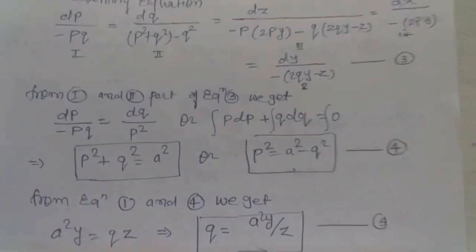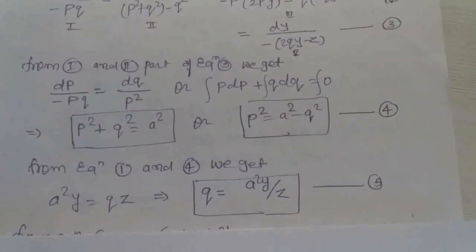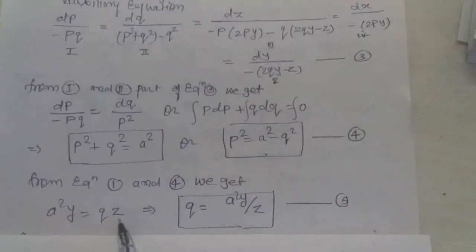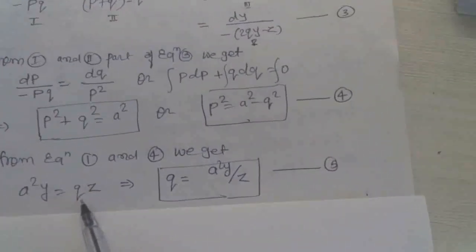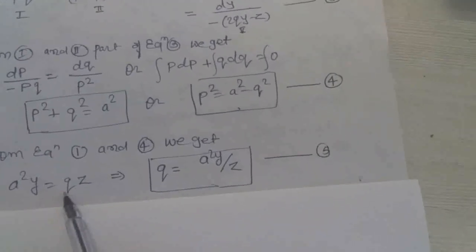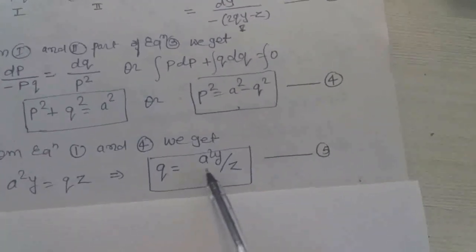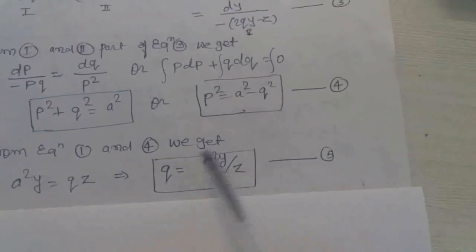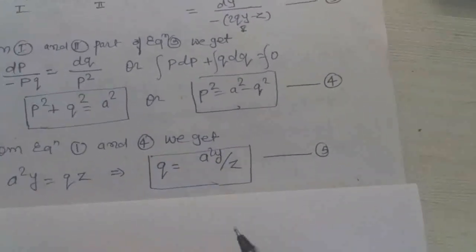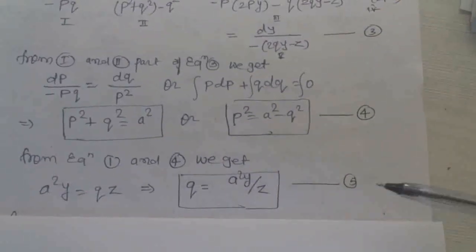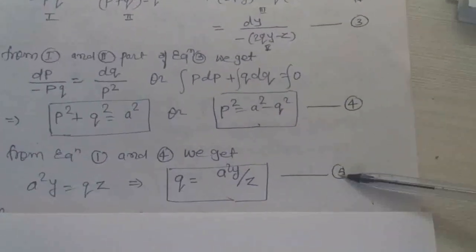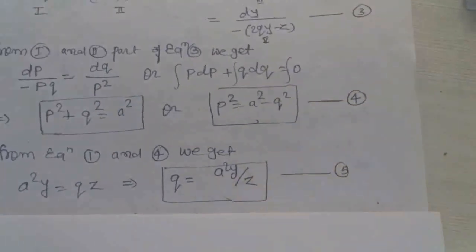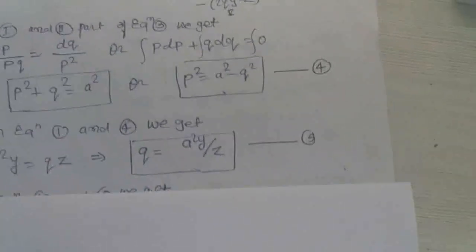So we get a square y equal to qz, and from this we get the value of q equal to a square y by z, which is in terms of x, y and z. Now putting this value of q in equation 4, we get the value of p in terms of x, y and z.